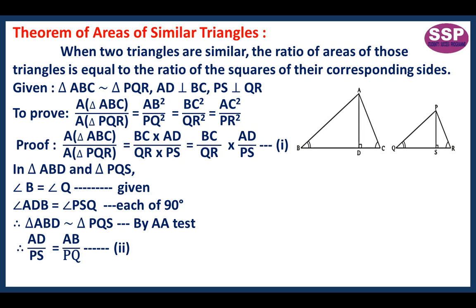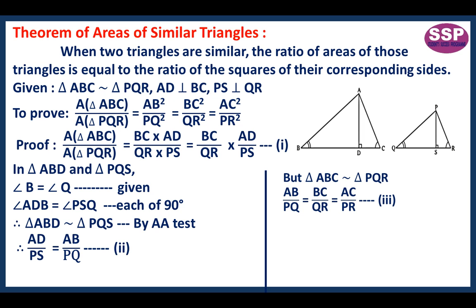Therefore AD upon PS is equal to AB upon PQ, corresponding sides of similar triangle. But triangle ABC similar triangle PQR, therefore AB upon PQ is equal to BC upon QR is equal to AC upon PR because of corresponding sides of similar triangle.